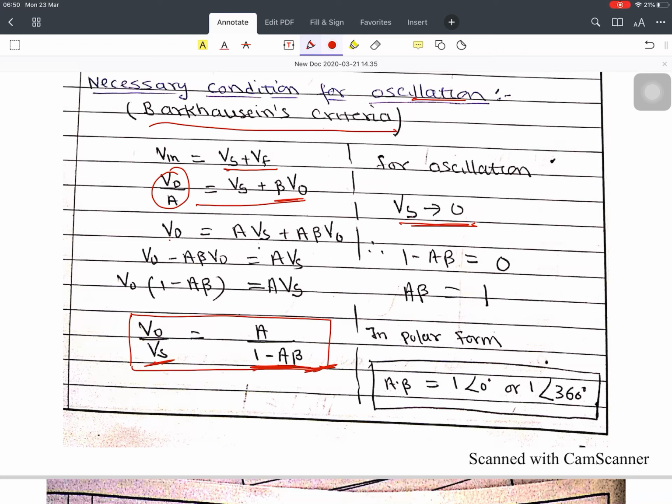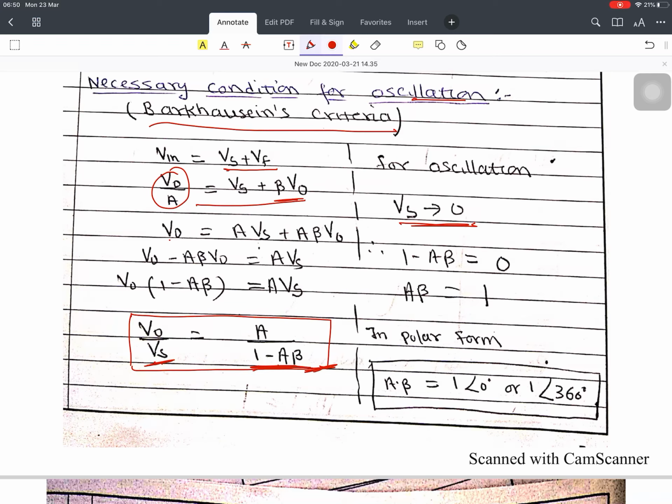If it is less than unity, you will get oscillations like this, where amplitude of output will go on decreasing. So such conditions are known as damped oscillations. Otherwise, if A into beta is greater than 1, you will get overshoot. So to get a sustained oscillation, A into beta must be equal to 1. Practically, we take A into beta slightly greater than 1.